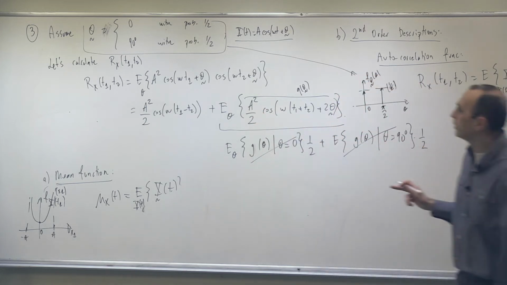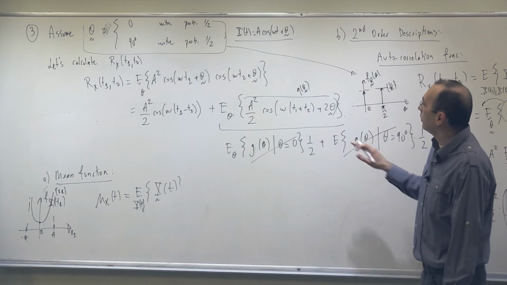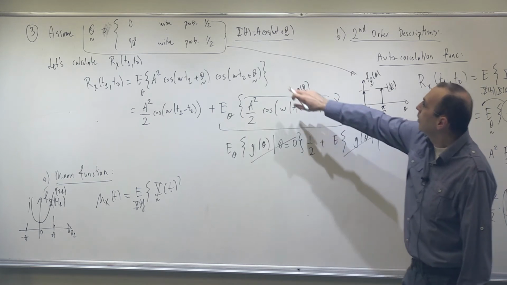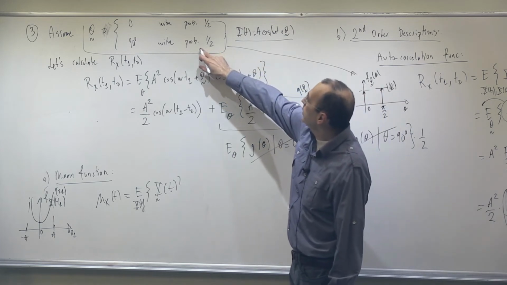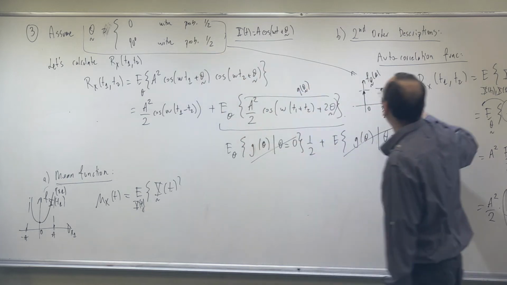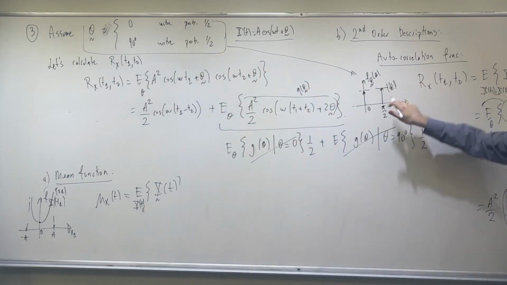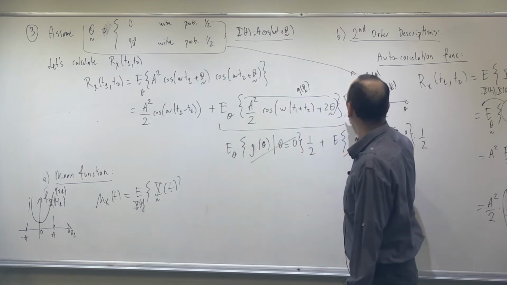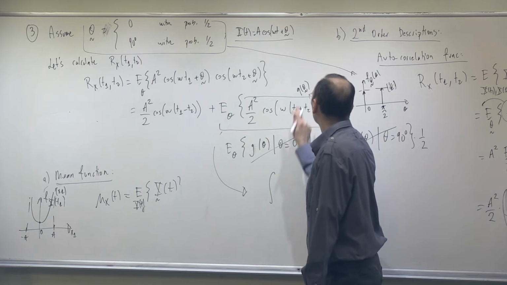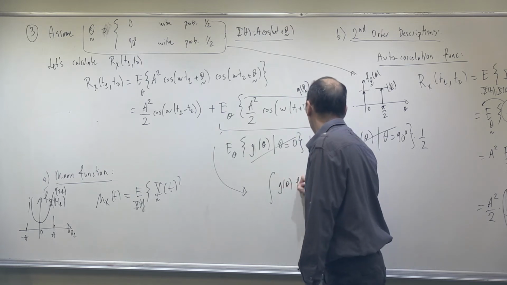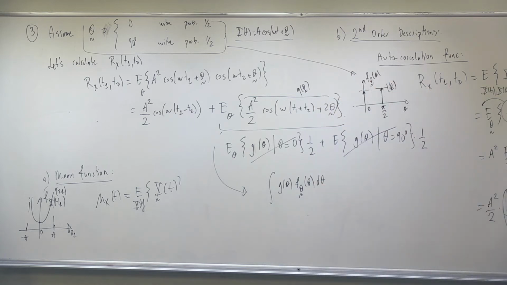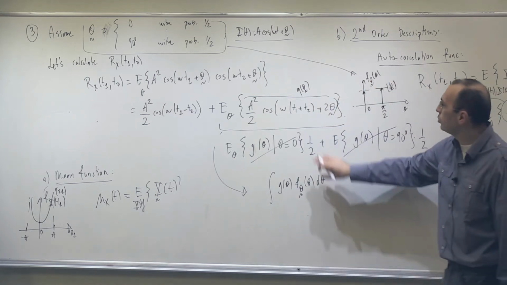So what have we learned? We have basically had some exercise on expectation calculation. We had some interpretation for this discrete random variable, which you have seen in EE 230, in terms of Dirac delta functions. But we have seen that I can write this expectation in the general form, g of theta times f theta d theta. And if you write it like that, the general form, this also includes the discrete cases.